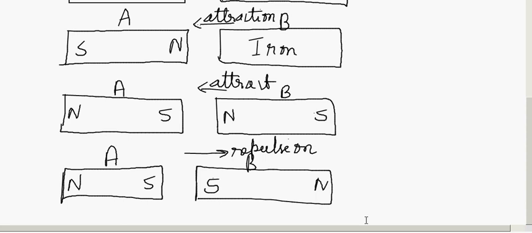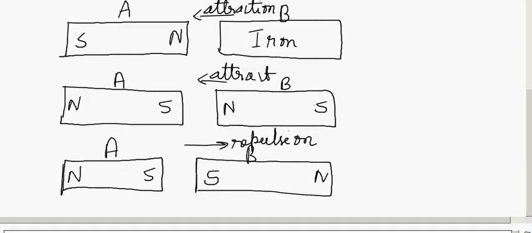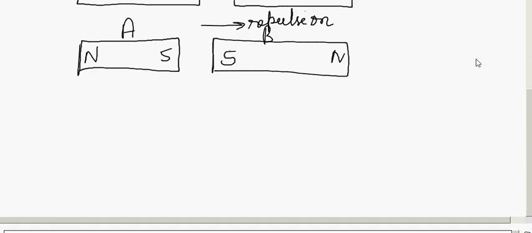So if bar A attracts bar B on both sides, then one of them is bar magnet and the other is iron bar. So we'll write the result here after conducting this test. So what is going to be the result? I'll write here.